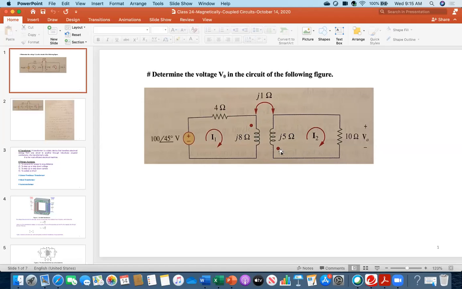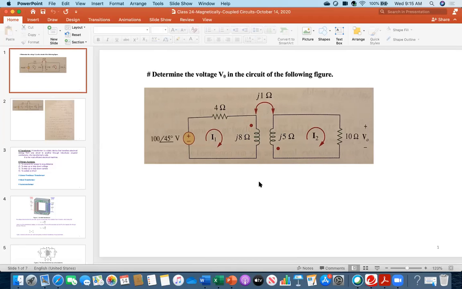Or if the dot is here but this dot is there, it would still be subtractive, because I1 is entering while I2 is leaving the dot. So in that case, that is also a negative voltage. Either way, it is the same thing.